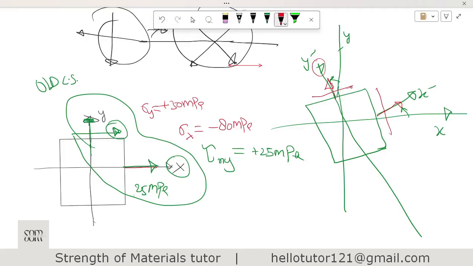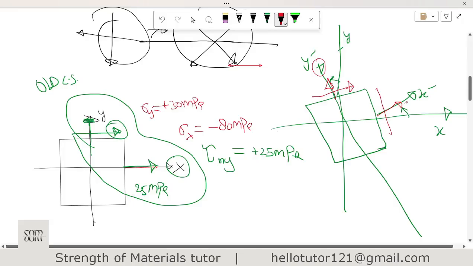Here if it is like this, we compare it with this. This is the same direction, so here it is going to be positive. But if it was like this, then we compare it with the parallel axis. Here it is up, but here it is down, so this would have been negative.